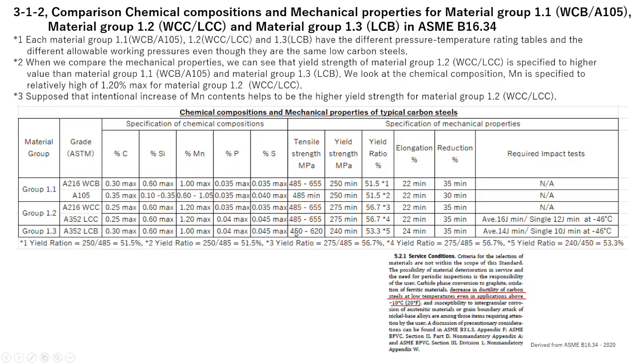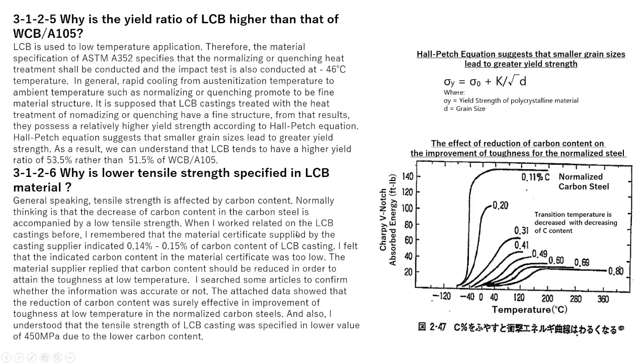This value is lower than the other materials. Generally speaking, tensile strength is affected by carbon content. Normally, a decrease of carbon content in carbon steel is accompanied by lower tensile strength.